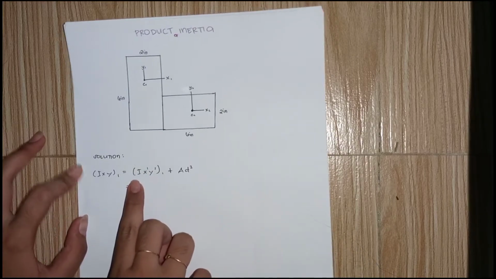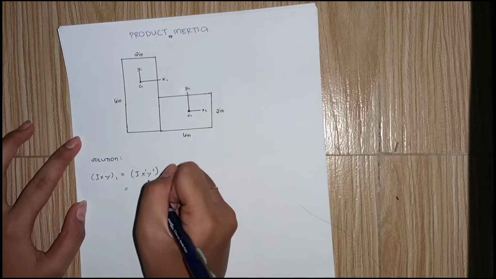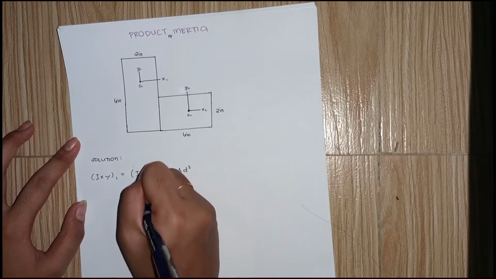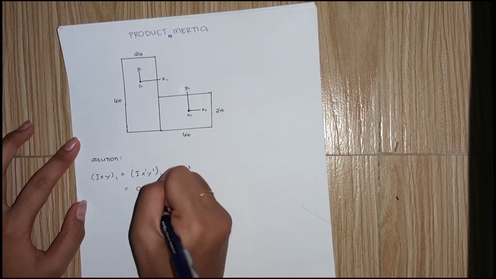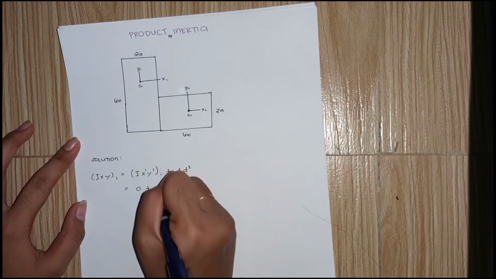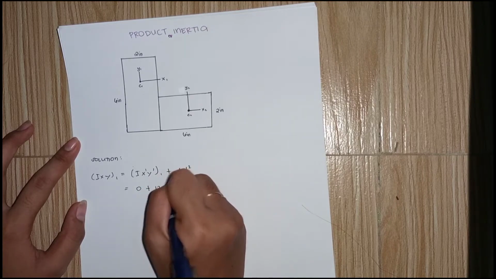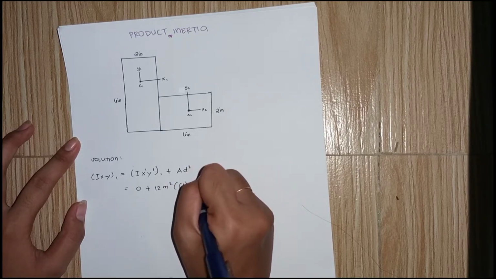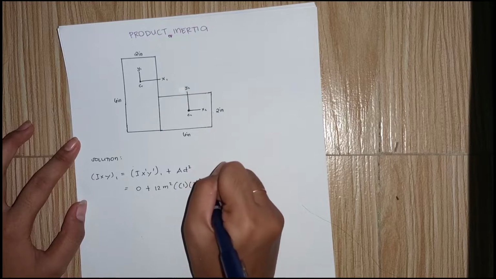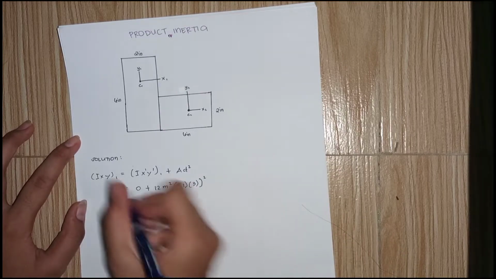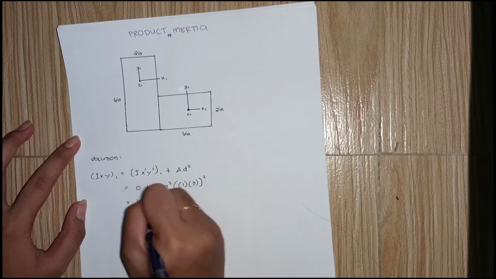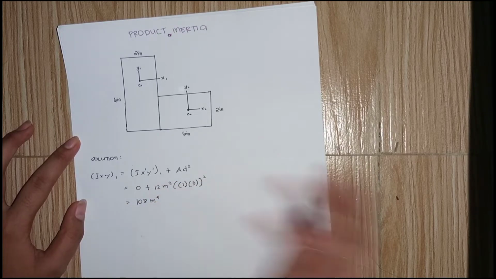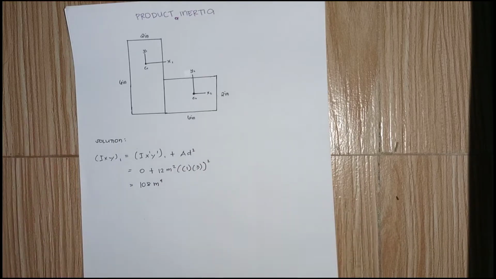So the Ix1 y1 is 0 plus 12 m squared times 1 times 3 squared is equal to 108 m to the fourth.